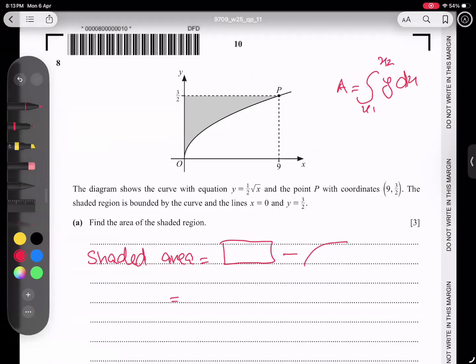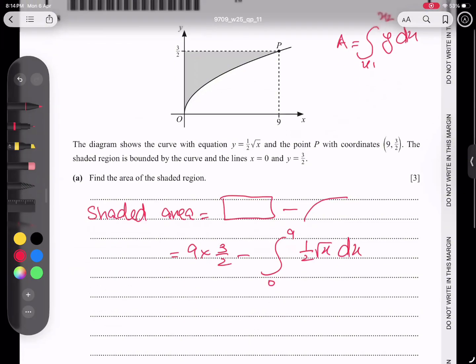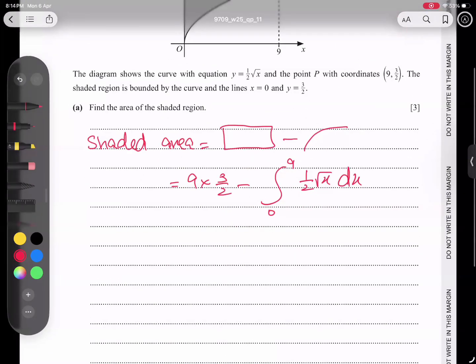Rectangle area we can find in an easy way: length times width, so 9 times 3/2, which is 27/2. And what about the curve area with this formula? Lower limit is 0, upper limit is 9, and the curve y is given here. So integral 0 to 9 of half root x dx. What about this? Half I can bring outside, increase the power by 1, so half over 3/2 times x to the power 3/2.